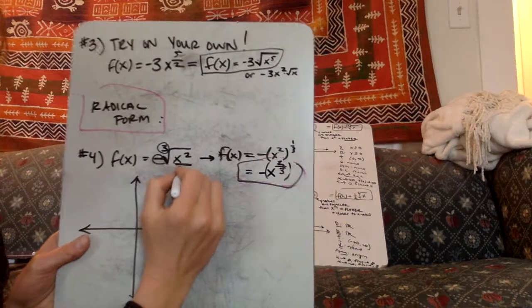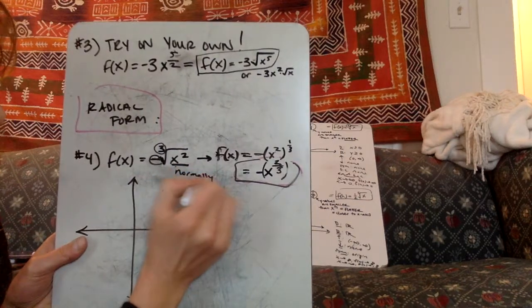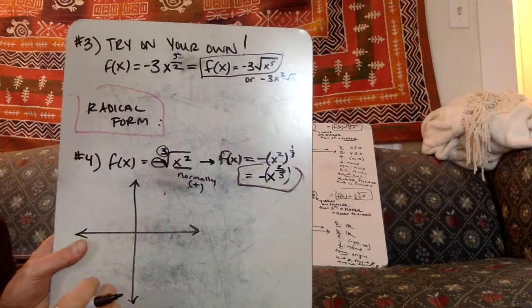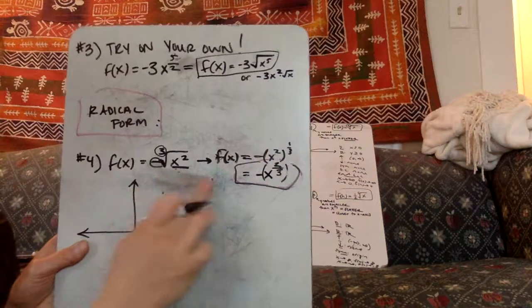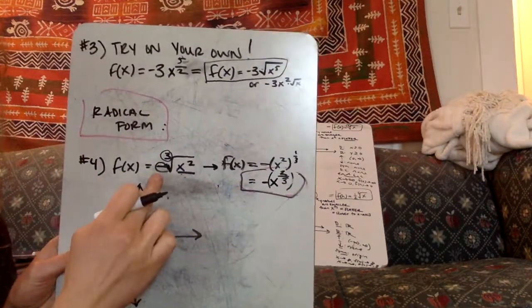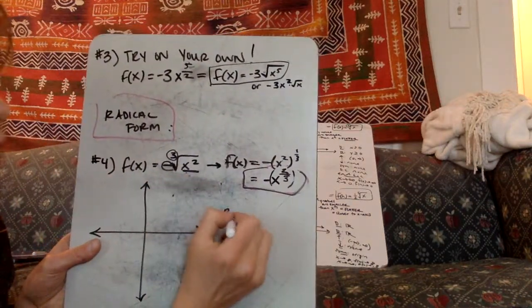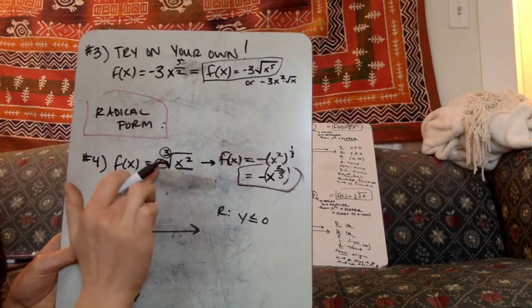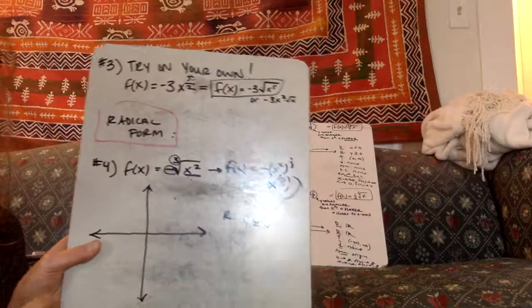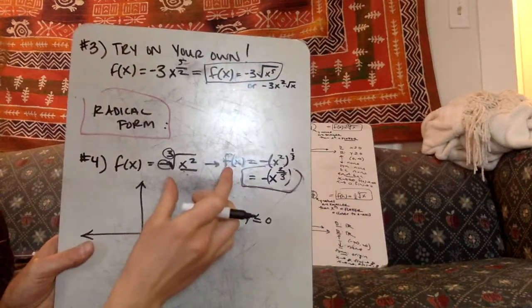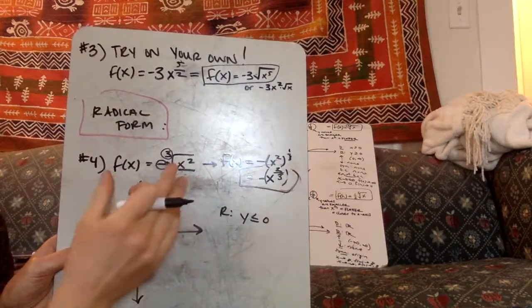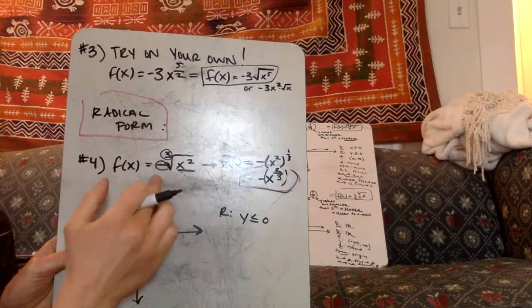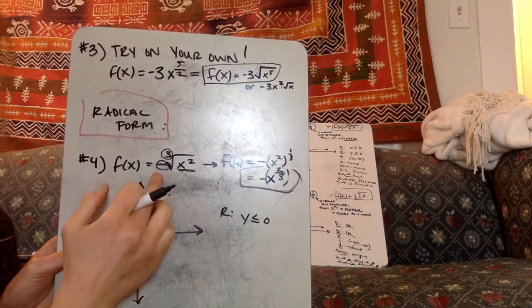But because I have this negative sign, all my y values are going to be less than or equal to 0, because I'm taking negative 1 and multiplying it by only positive numbers. So I'm only now going to be able to have negative numbers because of this x-axis reflection.